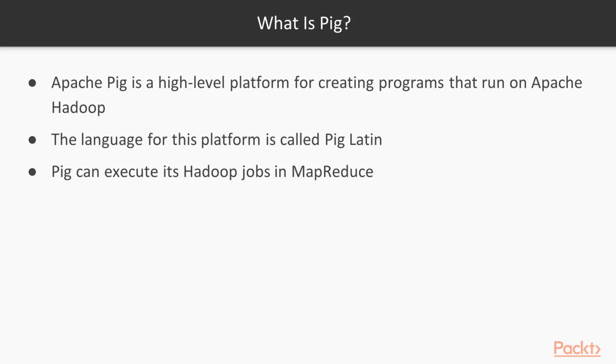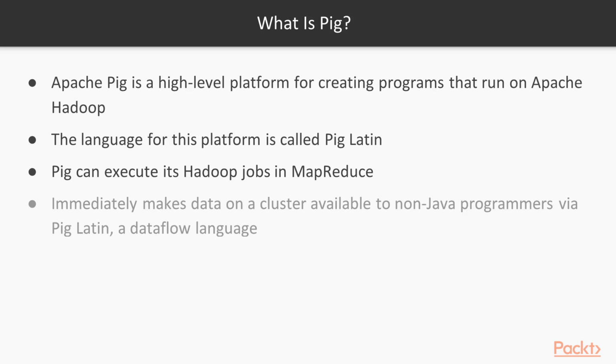Now, what this is going to do is make life easier for the people who do not know Java. They will learn Pig Latin, which is a very easy to learn language, a data flow language, which can use a lot of data flow techniques and makes things easiest to program in Hadoop.